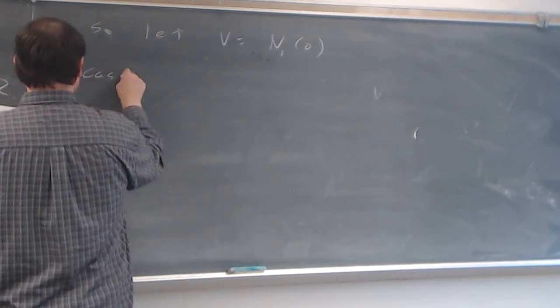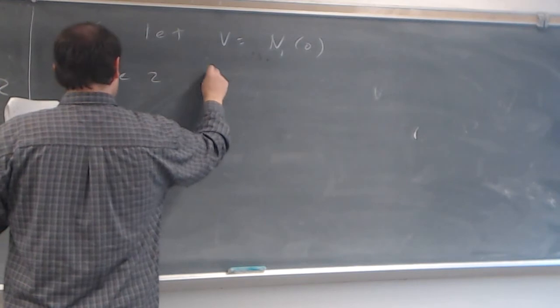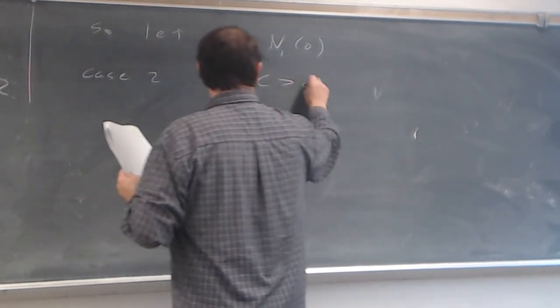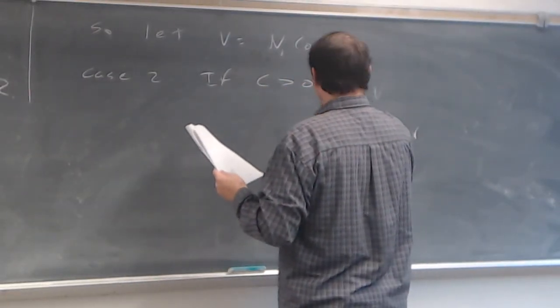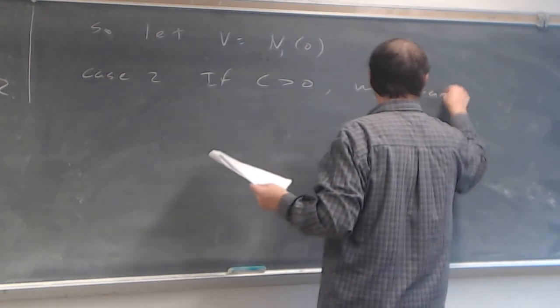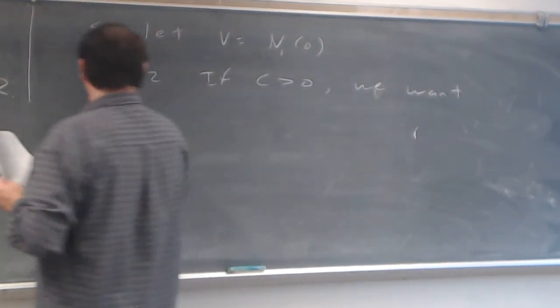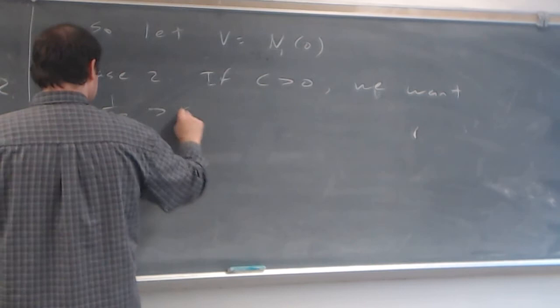Case 2, if c is greater than 0, we want 1 over t squared to be greater than c.